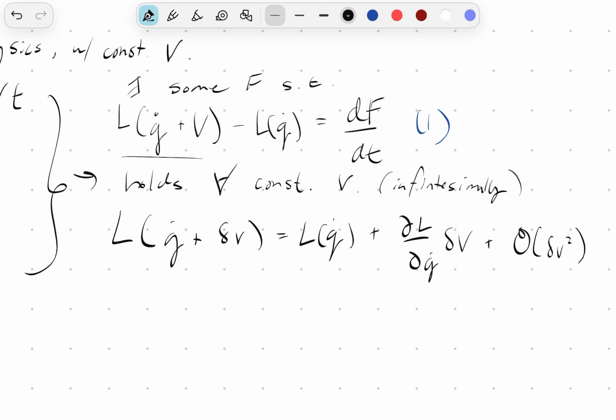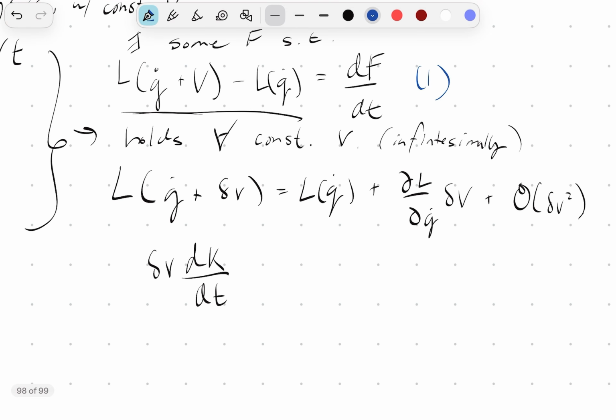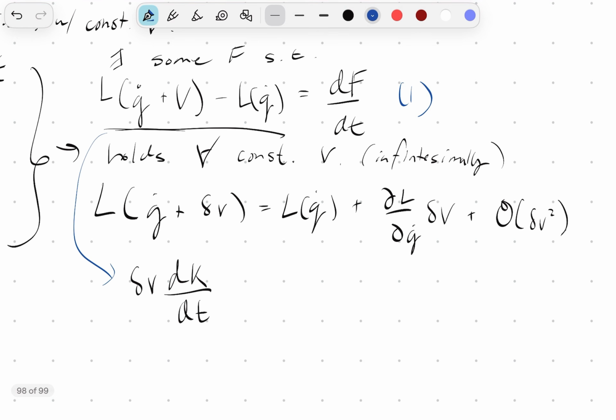Now, the right-hand side of this equation here can likewise be written as the variation of v times the total time derivative of some function k. And the reason why is because the total time derivative must vanish when v is equal to 0.